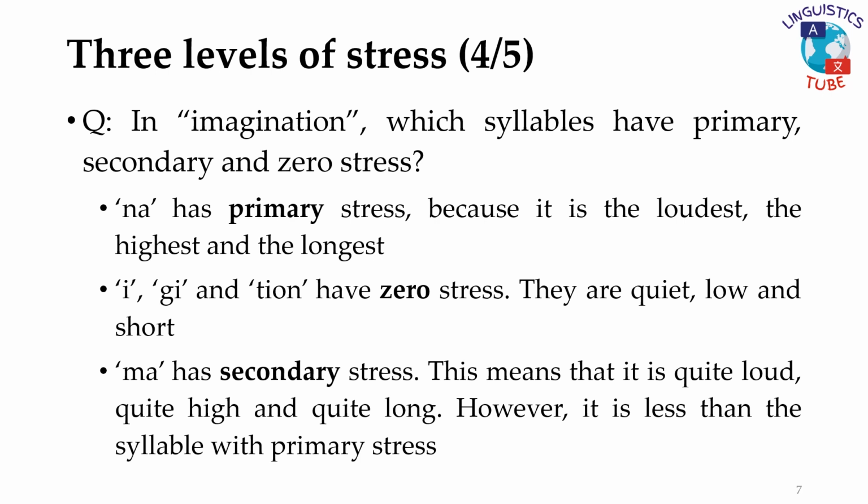The quietest, lowest, and shortest are i, ji, and shun. So, these have zero stress. Finally, when I say ma, the level of loudness, highness, and length feel in between primary and zero stress. So, ma has secondary stress.